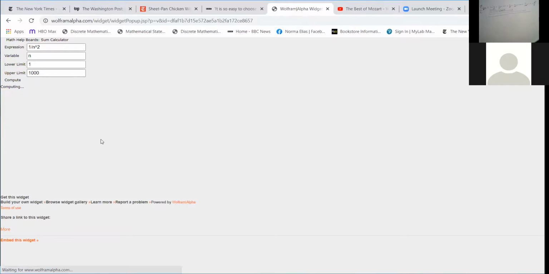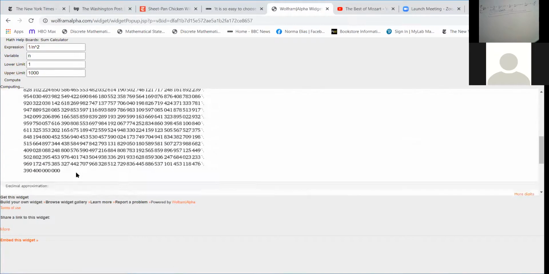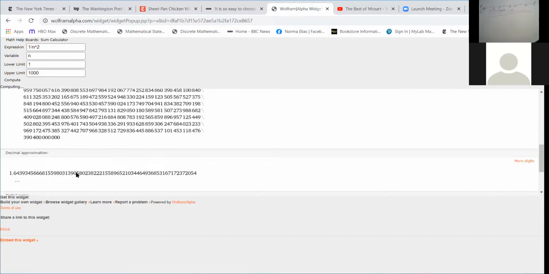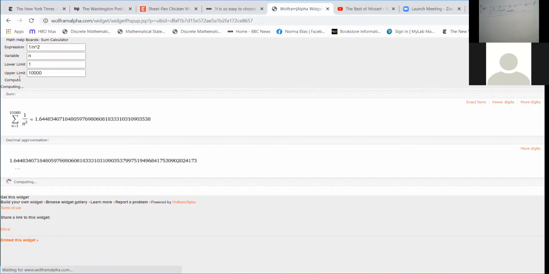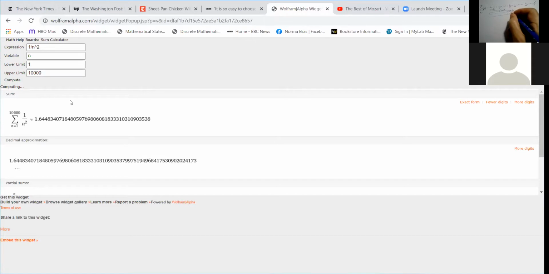What this is doing is physically adding them, and this is giving me 1.64393. Honestly, I'm just adding those numbers. Let me add the first 1,000 terms: 1.64483. And I can keep going.